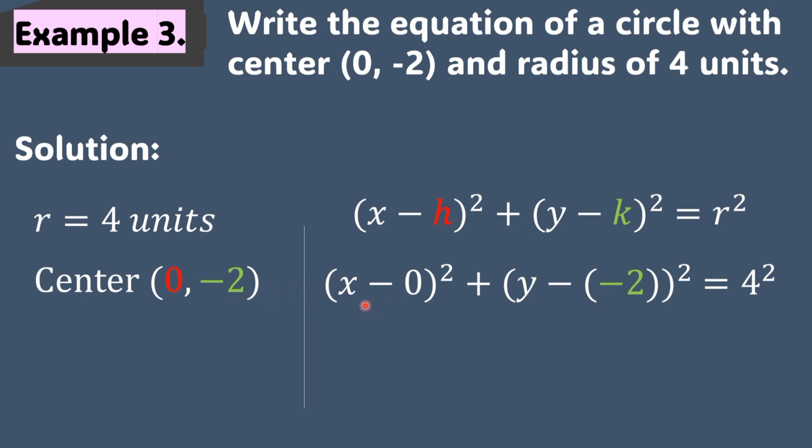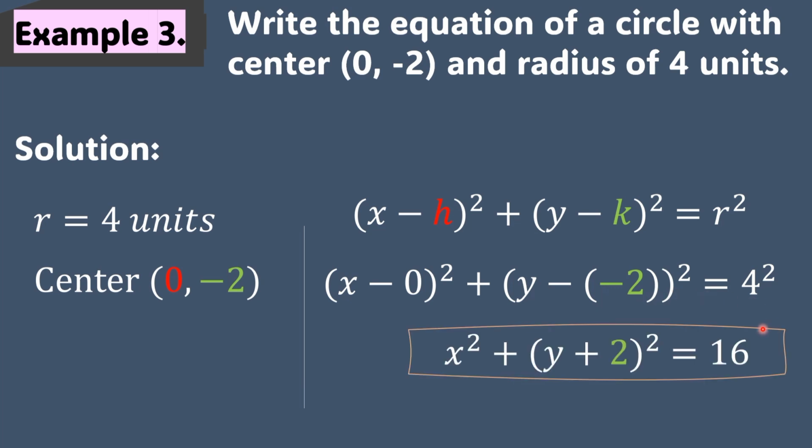That is (x − 0)² + (y − (−2))² = 4². That is x − 0 is x², plus y − (−2) is y + 2, quantity squared, equals 4² is 16.